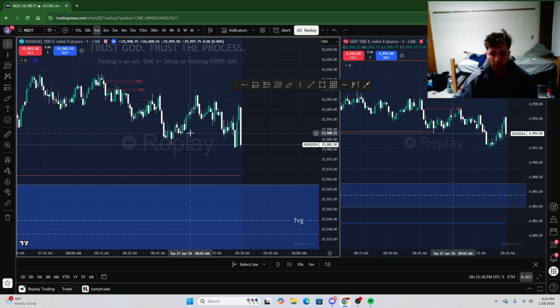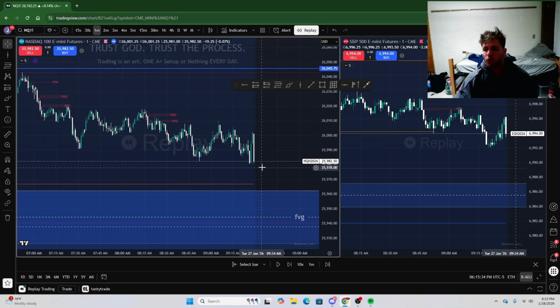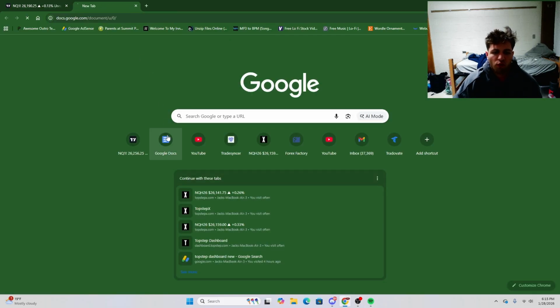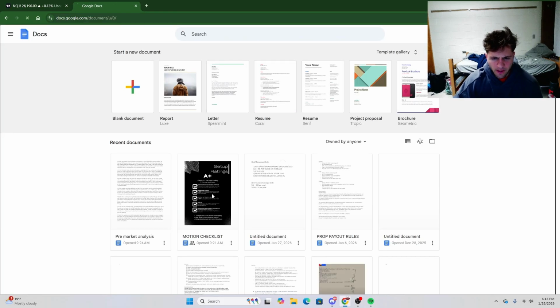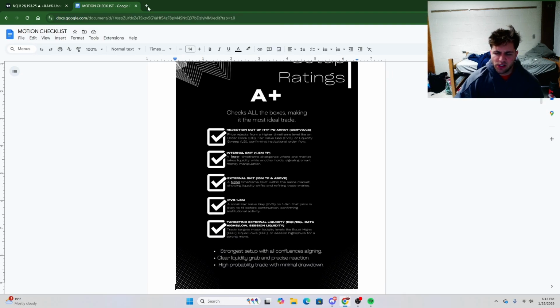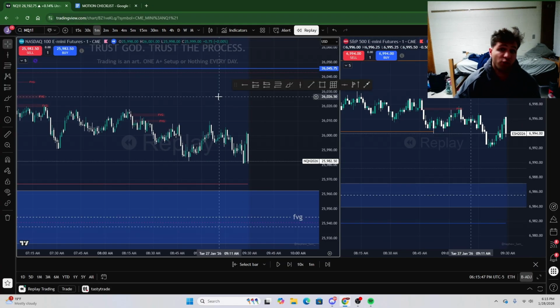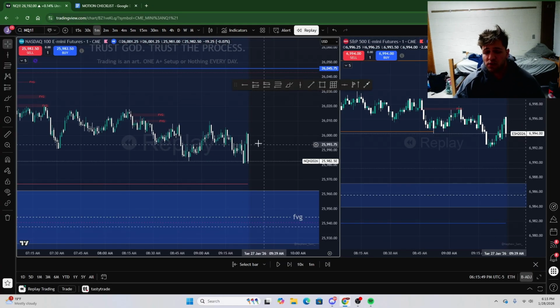I have a full picture, and I can react based on what open gives us. So I'm always going to be marking out key highs and lows because, remember, I said to you guys, if you go through my checklist, rejection out of higher time frame PD array, so a liquidity sweep or a fair value gap. So why wouldn't I want to mark out important higher time frame gaps, highs, and lows? Because I want to see how it reacts.